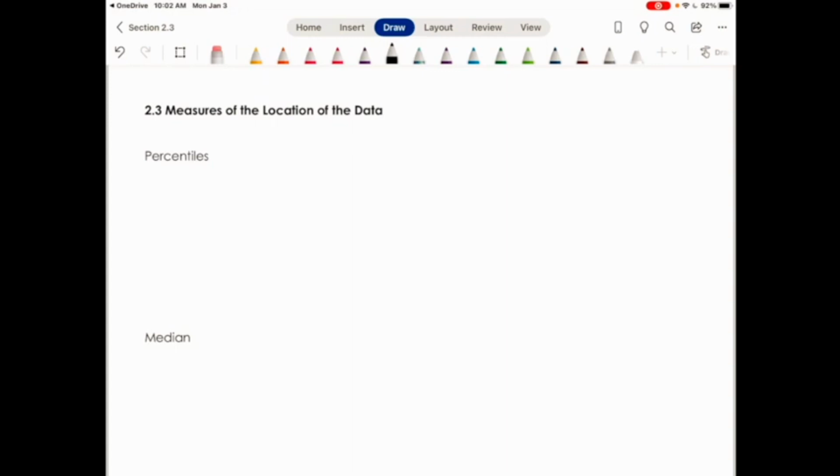Now, there's different terms for that for different positions, and all of these fall under the umbrella of percentiles.